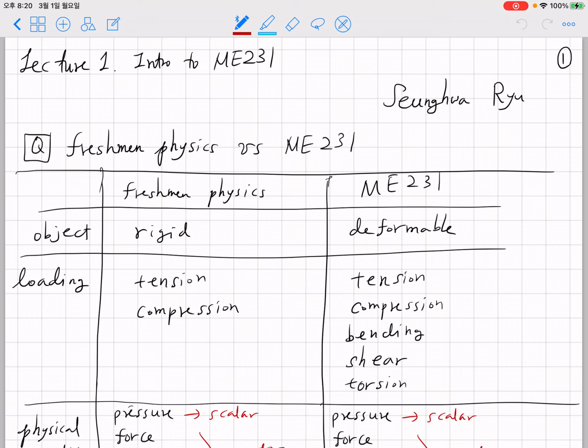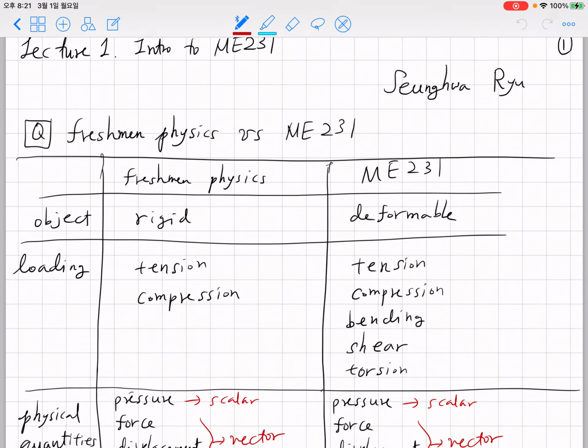Some of you may wonder, this is solid mechanics, and back in freshman physics I have already learned about mechanics of solids, and you also learned about mechanics of fluids a little bit. So I want to open the lecture by comparing the differences and similarities between freshman physics and ME231.